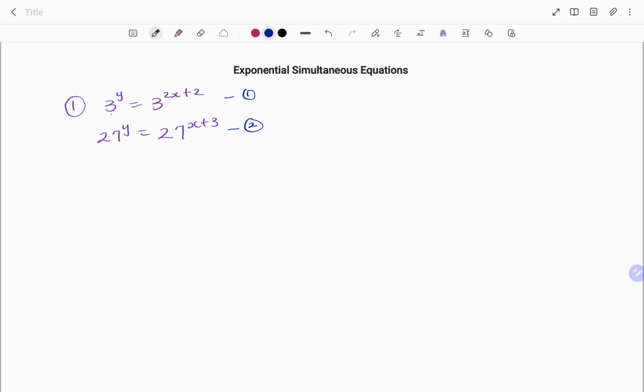I'm going to rewrite my second equation to reflect the same base as my equation 1. 27 in exponential form is 3 to the power 3 because 3 times 3 times 3 will give me 27.